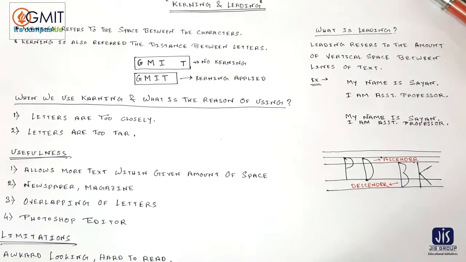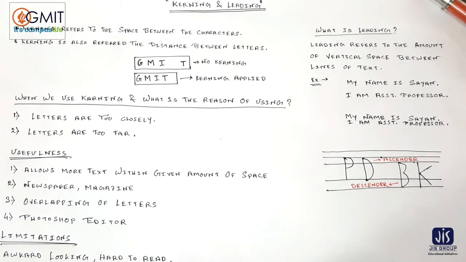kerning very well, and we are actually using it in newspapers and magazines, and also in publishing research papers, any kind of book, etc. They always maintain kerning. Without that, you can't read well, and we get frustrated.